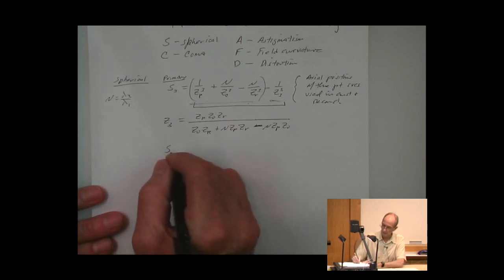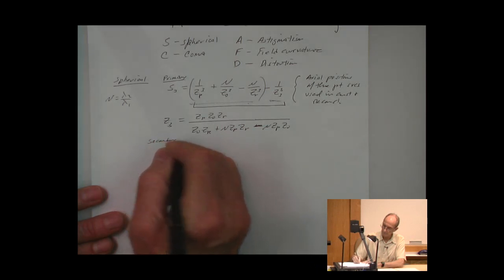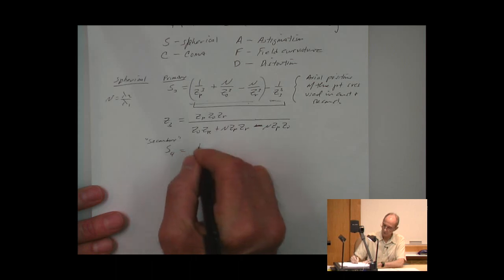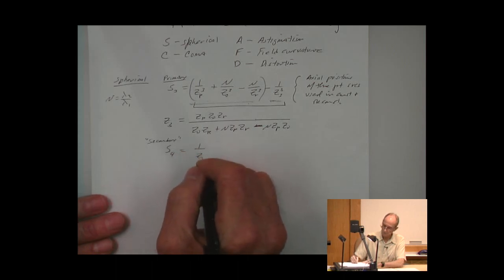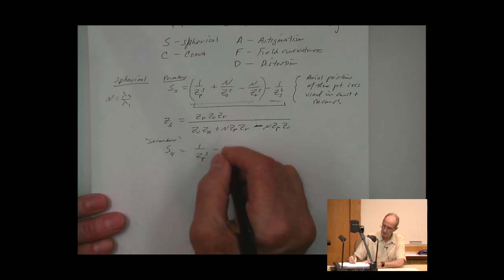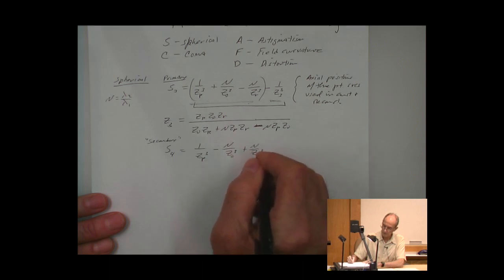So for the secondary image, S4, this is equal to 1 over ZP cubed. There's a change in sign here, minus mu over ZO cubed plus mu over ZR cubed.